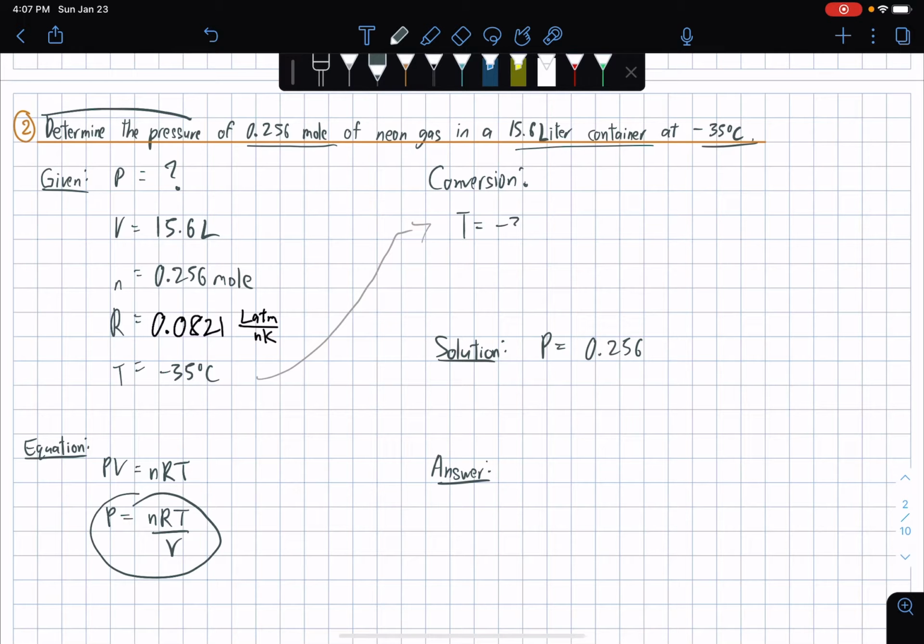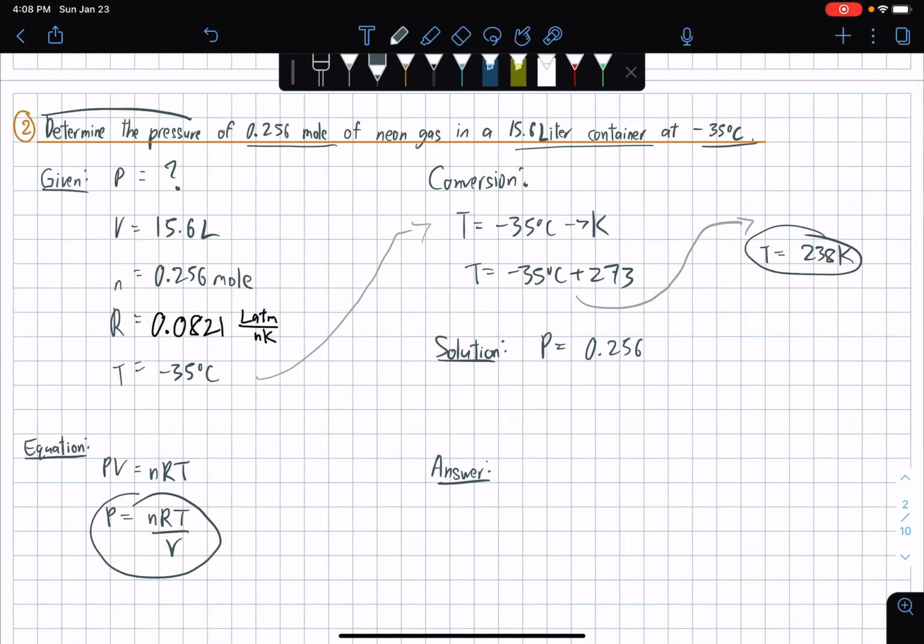T is equal to negative 35 degrees Celsius to Kelvin. Remember our formula earlier. Temperature is equivalent to negative 35 degrees Celsius plus 273. With that, it's basically 273 minus 35, which is 238 Kelvin. Now, with that said, let's move on to our solution.